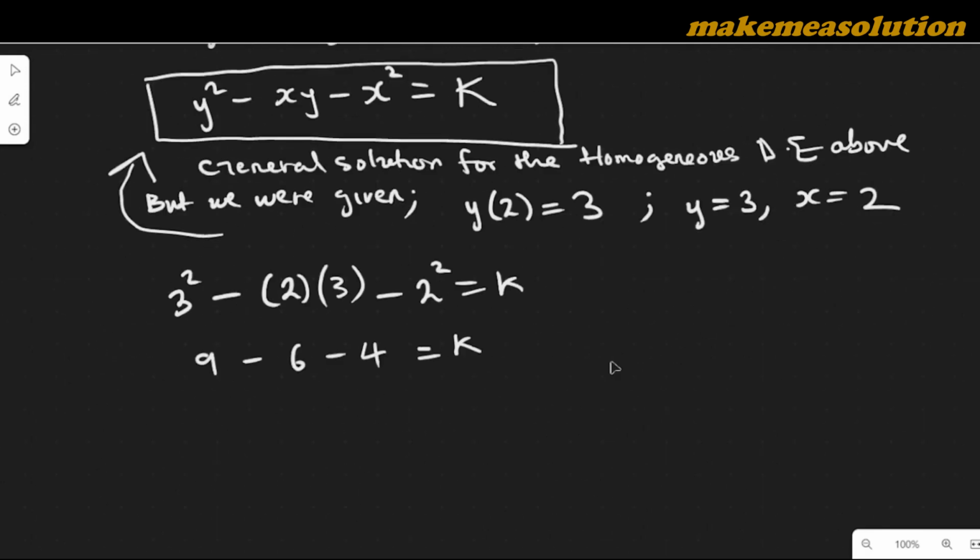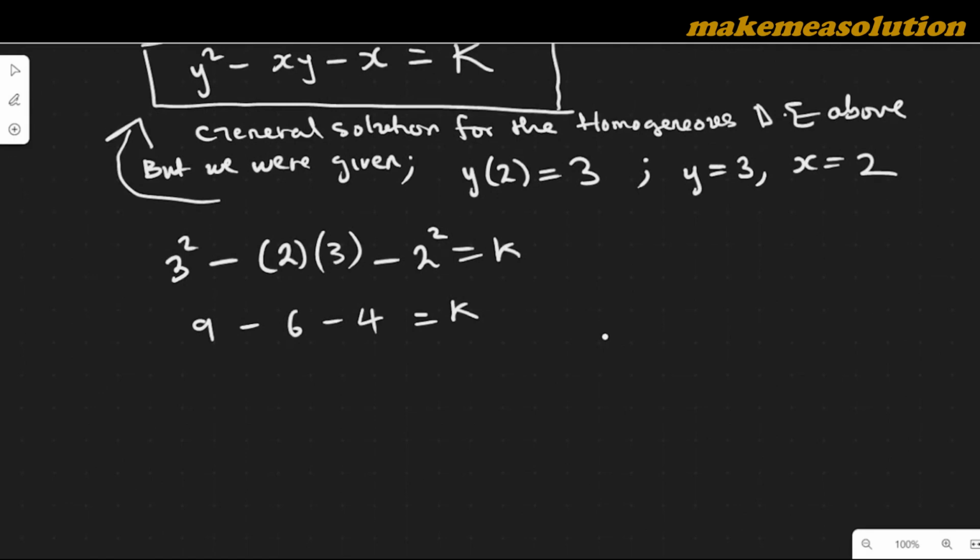So what we have here is minus 1 is equal to k. So at the end of the day, we'll be having y squared minus xy minus x squared equal to minus 1. Is that okay?